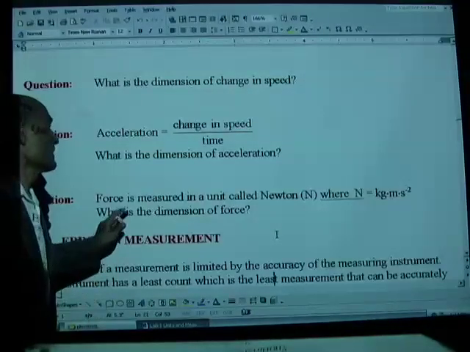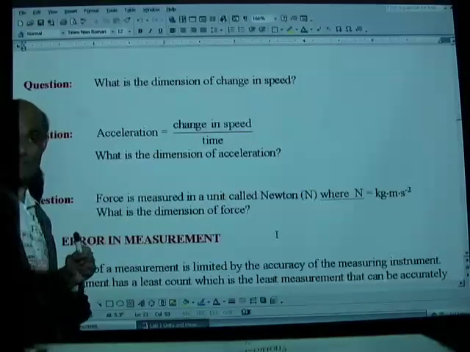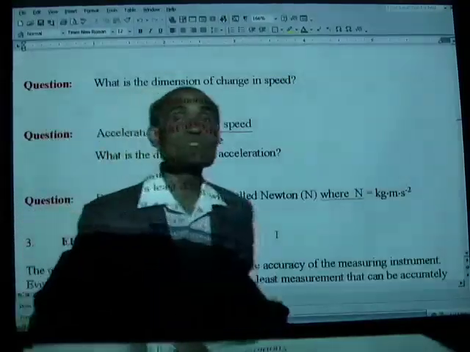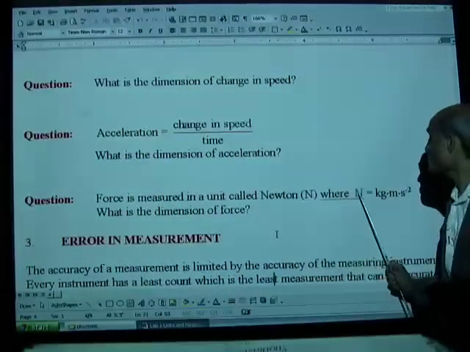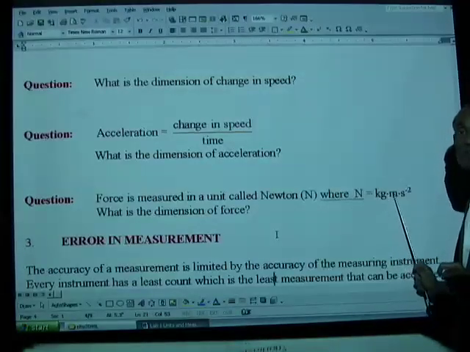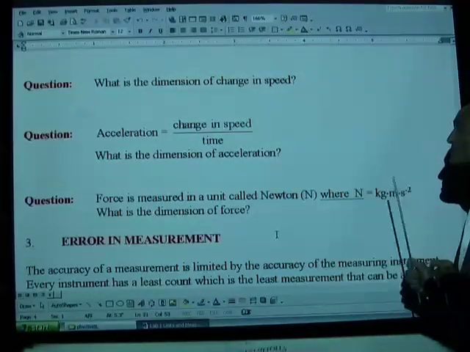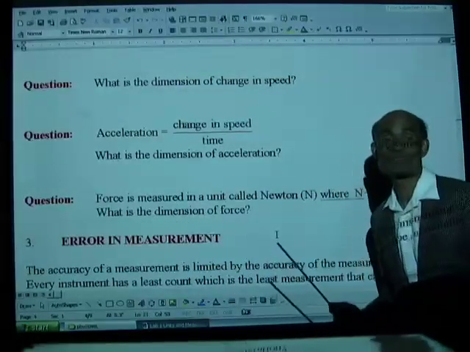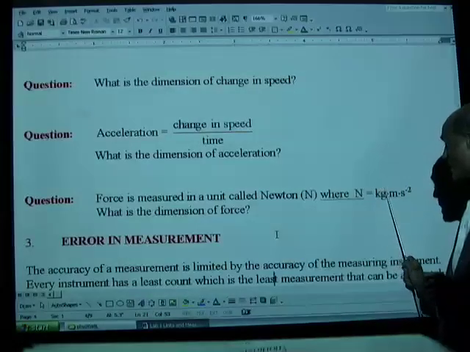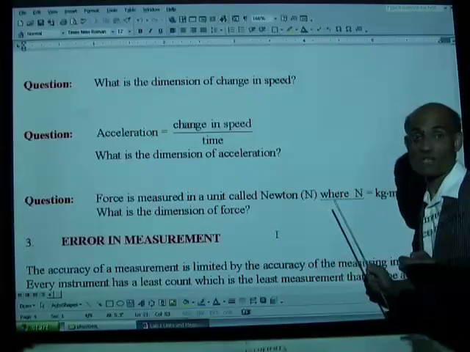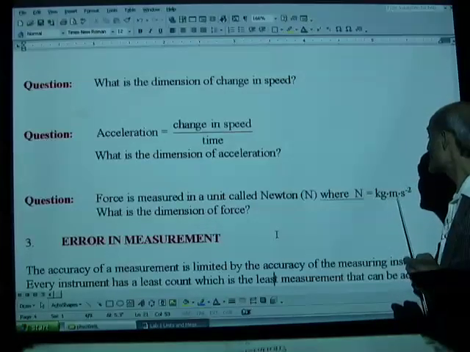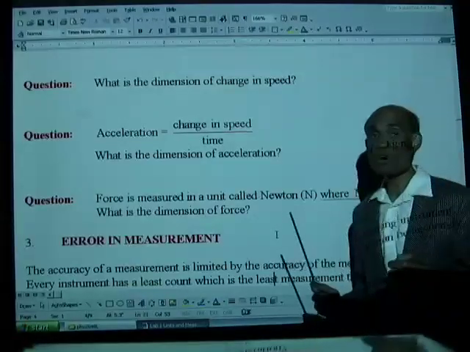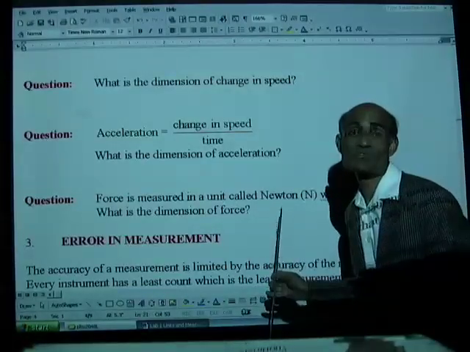Okay. You will soon see later on in our lessons that force is measured in a unit called Newton. And a Newton is a kilogram meter per second squared. I want you to write the dimensions of force. Well, kilogram is mass, the dimension is uppercase M, meter is length, the dimension is uppercase L. Now, please don't use lowercase letters for dimensions.